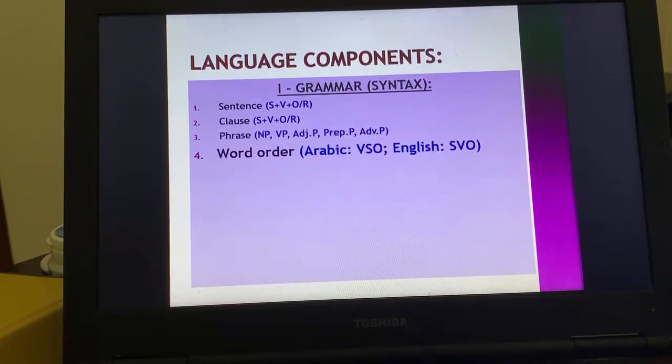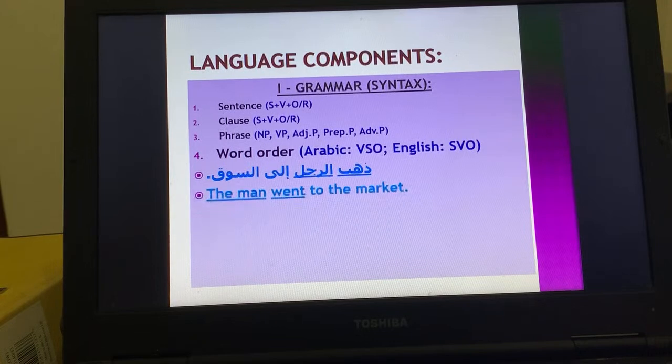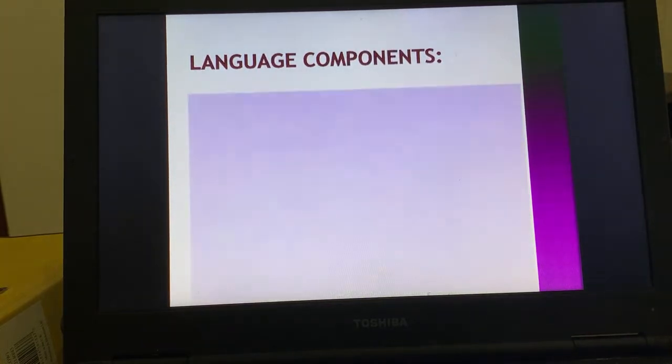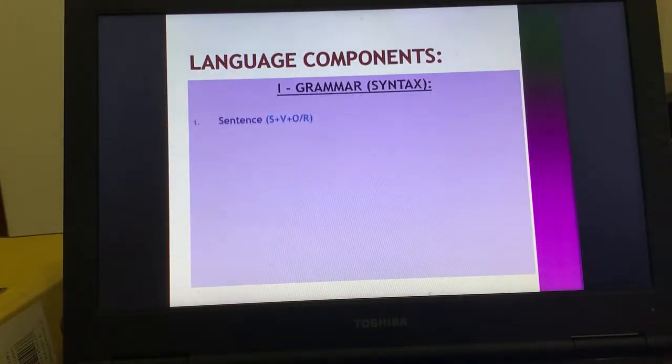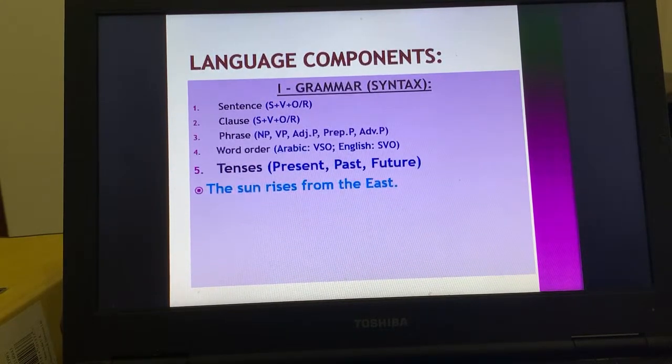After that, we are looking at the other points relating to the points that I have raised before, but I've given you some examples, like ذهب الرجل إلى السوق, the man went to the market. And then we looked, in terms of grammar, of course, you can look at the subject, verb, object. You can look at sentences as well.